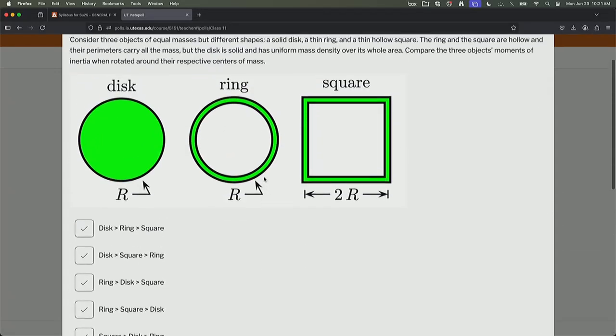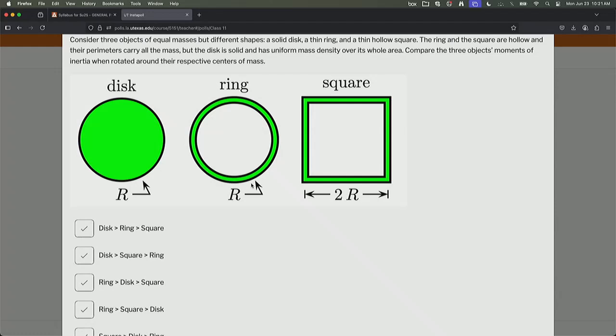Then when you consider the ring and the square, again, they both have the same mass. So how do you tell the ring over the square? One thing to focus on is how far the stuff is from the center. If you look at the ring, every single little piece of the ring is r distance away.